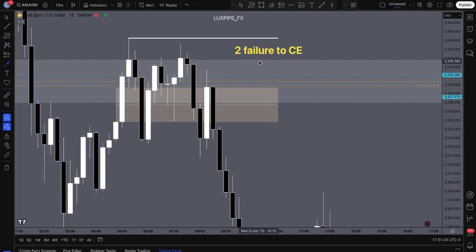So on the 15-minute, this candle right here, after the failed high and after the validation of the IFEG, it failed to go through the CE of the Enwalk. See that line right here. You can also see how it failed the CE of the main FEG, which is this line right here.